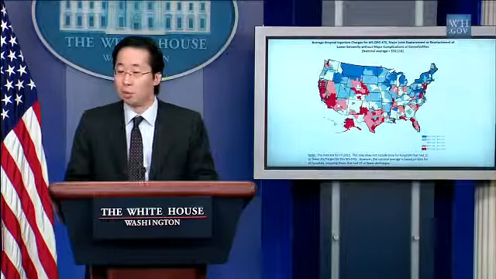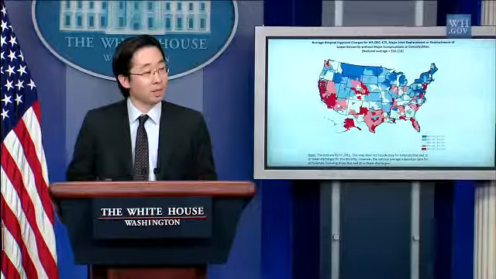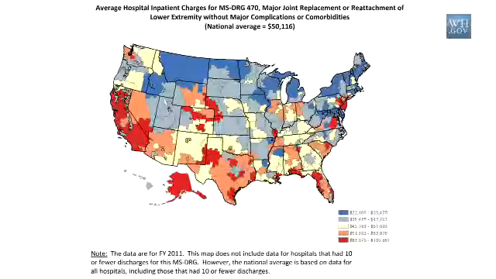By making this data available, we're allowing everyone to see huge variations in hospital charges across the country. For example, the map behind me illustrates average inpatient hospital charges for hip and knee replacements across the country. Average inpatient charges for hip and knee replacements can vary from $5,300 on average at a hospital in Ada, Oklahoma, to a high of $223,000 at a hospital in Monterey Park, California.